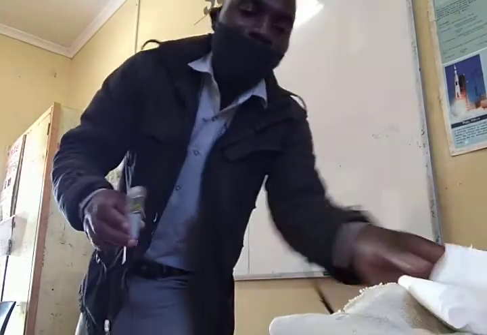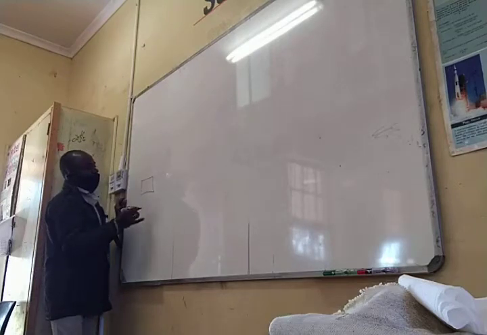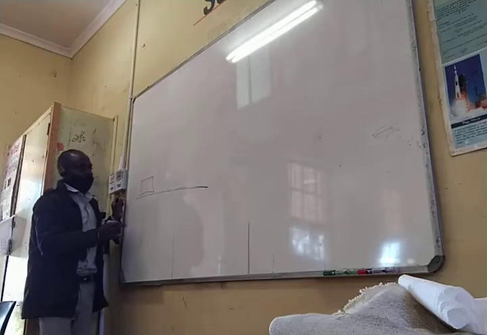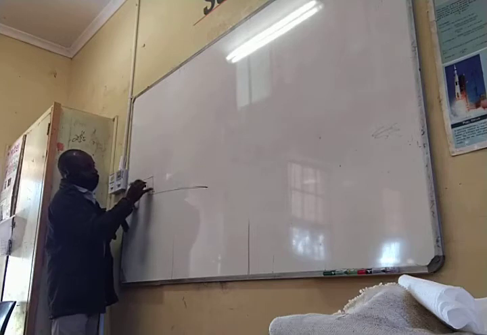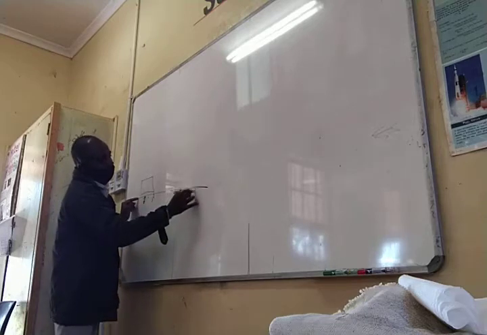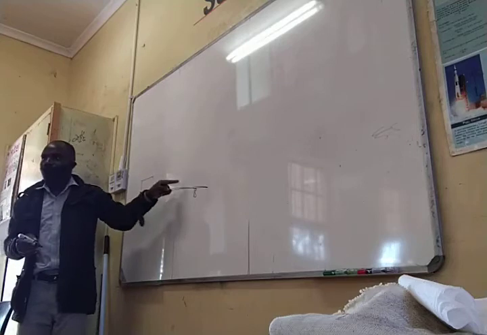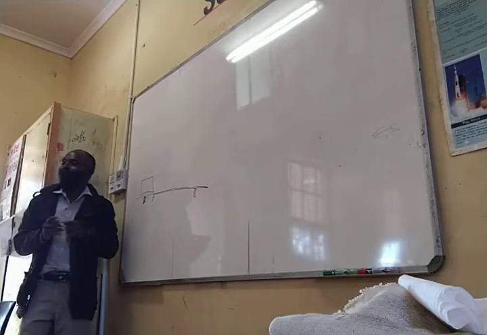So, for example, you have an object here like this, right? If this object moves from point A, so this is point A, then to point B, moving from point A to point B tells you that there's work done.